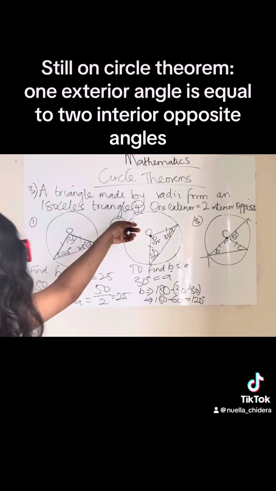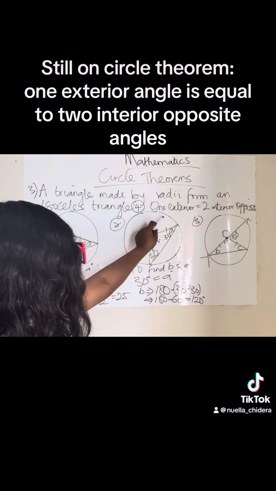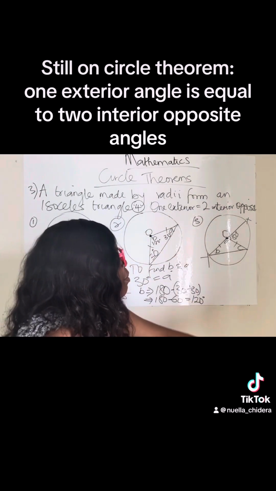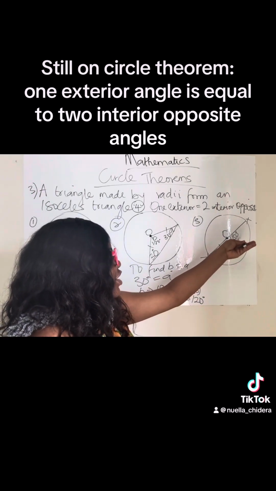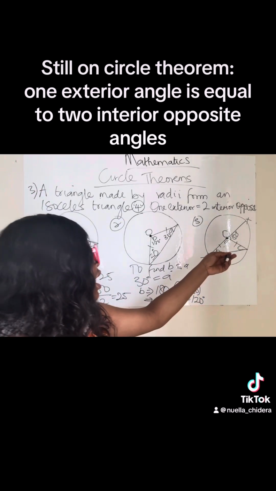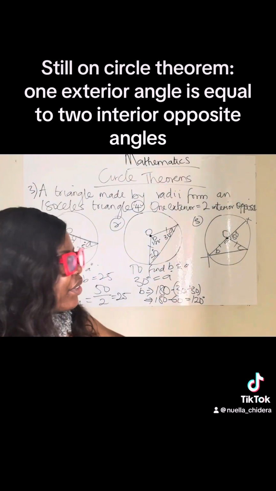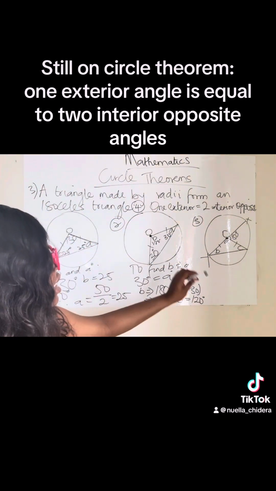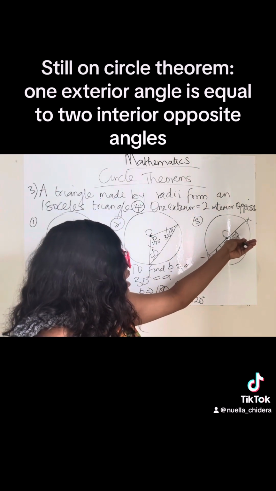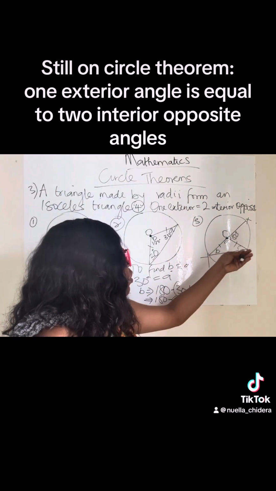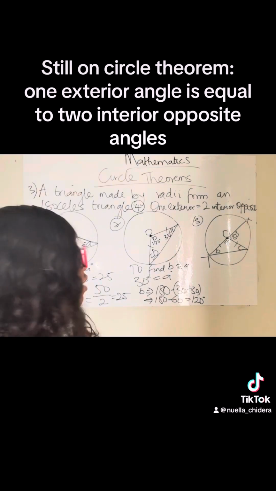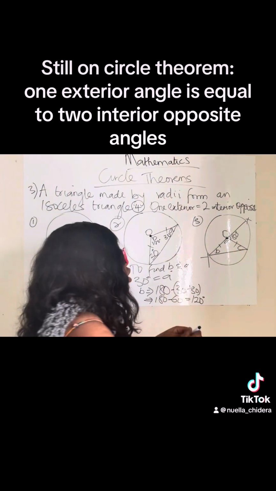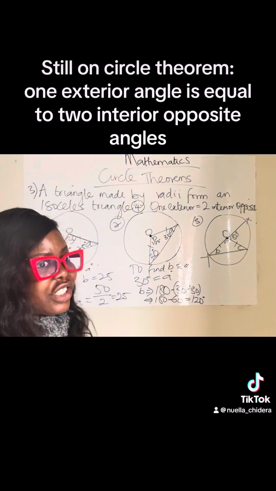So if we employ the 4th rule, one exterior angle is equal to two interior opposite angles. So this is an exterior angle. If this is an exterior angle and we have to find the interior opposite angles, whatever is here will be B plus C. And remember, B will be equal to C because they are base angles of an isosceles triangle.